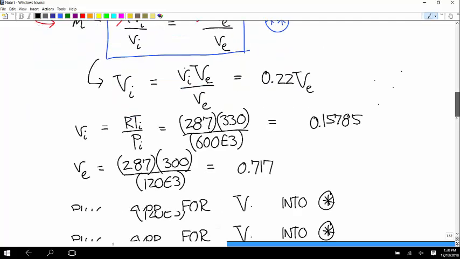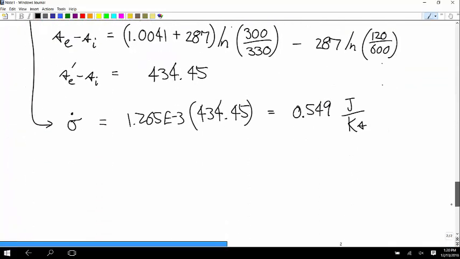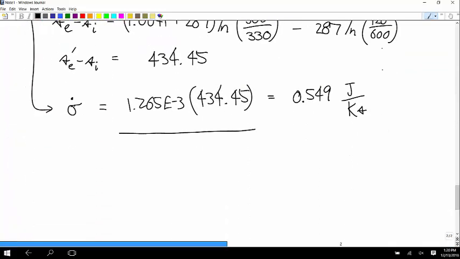Yeah, let's. Okay, so s exit minus s inlet is equal to s0 at the exit minus s0 at the inlet.